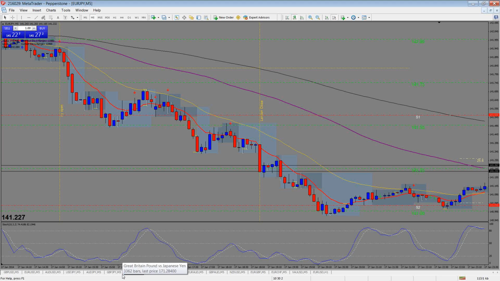I was up over 100 pips for the day, and I remember early on saying I don't want to trade the pound dollar. Then, for some reason, I took the pound dollar, against my own judgment, because I think the pound is one of the strongest pairs out there.